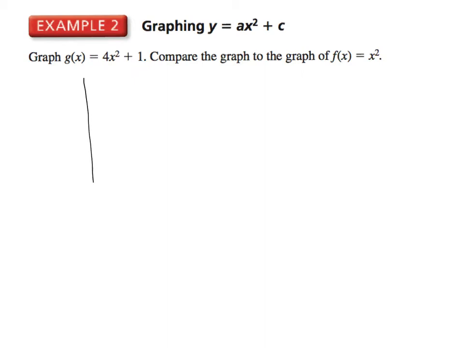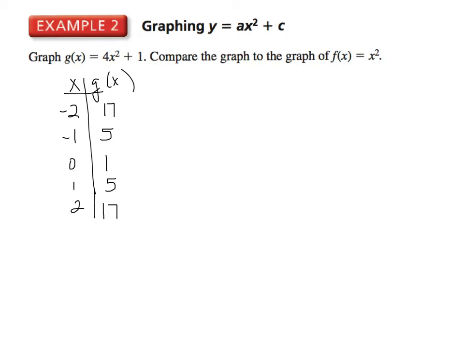So if I was to make a table of values, if I plugged in -2, -1, 0, 1, and 2. Now I'm just picking any 5 values that I want. So if I plug in -2, let's see, that's 4 times 4 is 16, that'd be 17. If I plug in -1, that'd be 4 plus 1, which is 5. 1, 5, and 17.